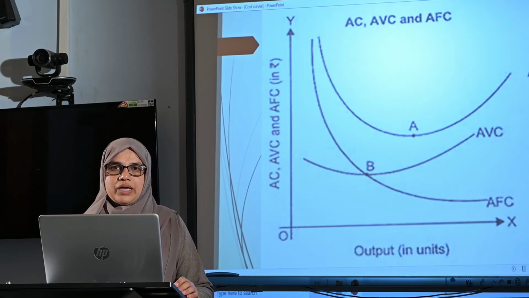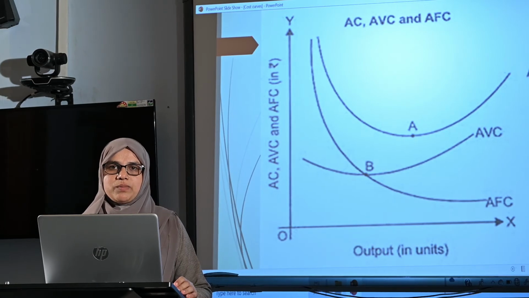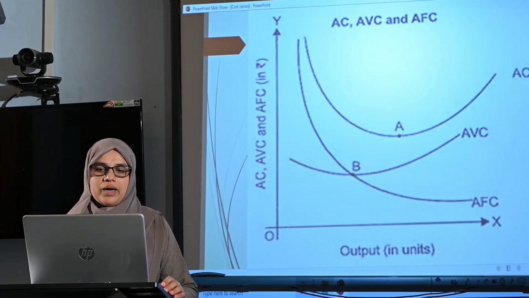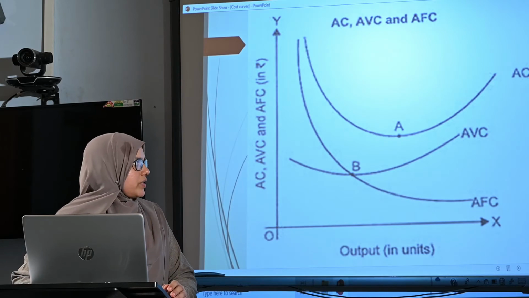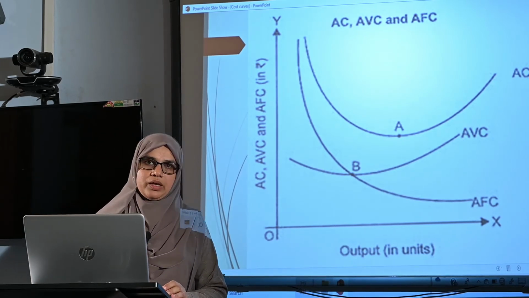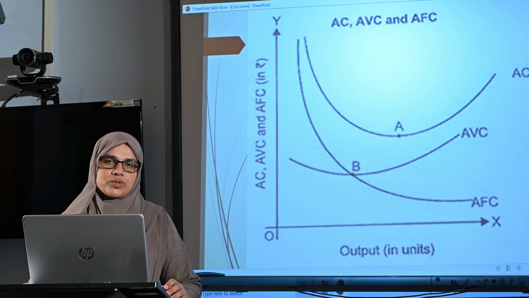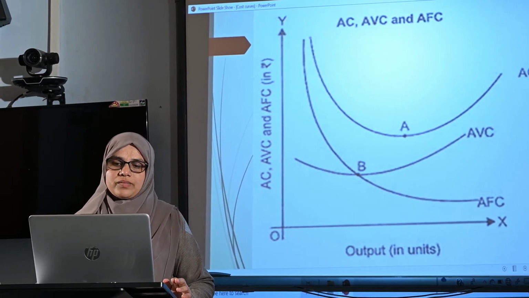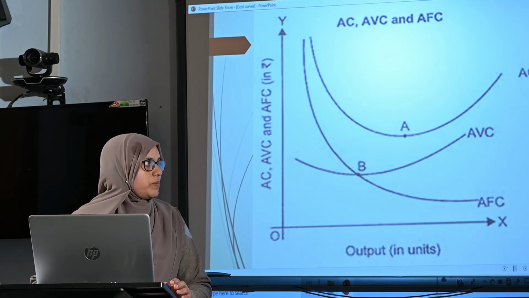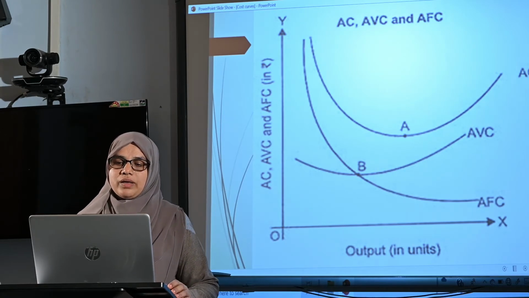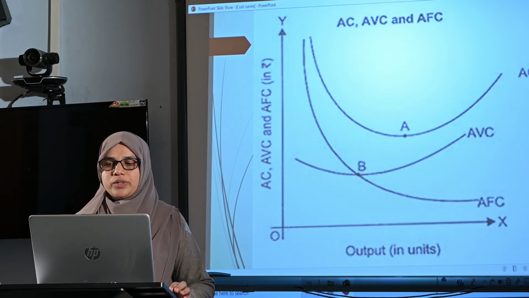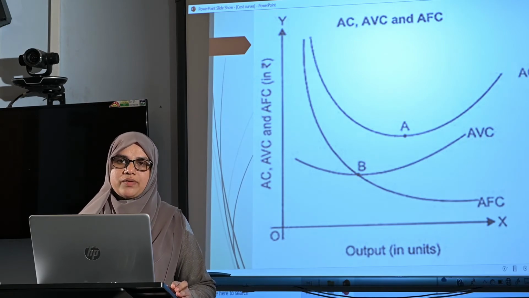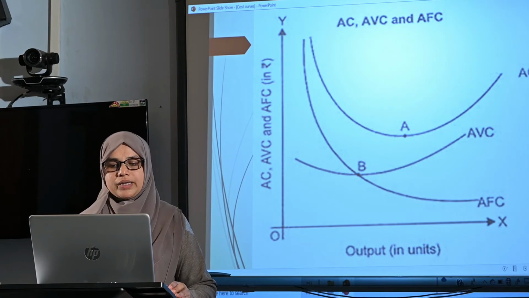In the diagram, average cost curve and average variable cost curves have U shape reflecting the law of variable proportion. Initially, average cost and average variable costs are falling due to increasing returns and reach minimum when the plant is operated optimally, and beyond the optimal level of output, both average cost and average variable costs are increasing.